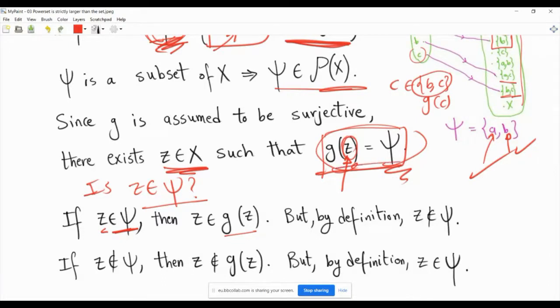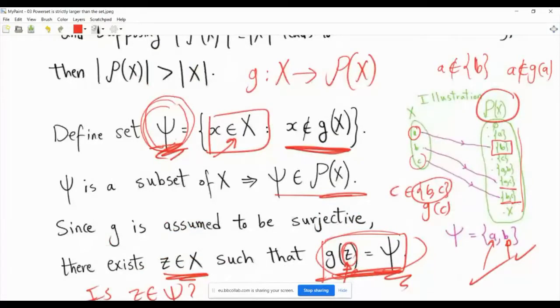So psi and G of Z are the same thing. So if Z is in psi, then Z belongs to G of Z, which is psi. But remember, what is psi? Psi is the collection of the elements in X that are not in the subsets to which they are mapped.